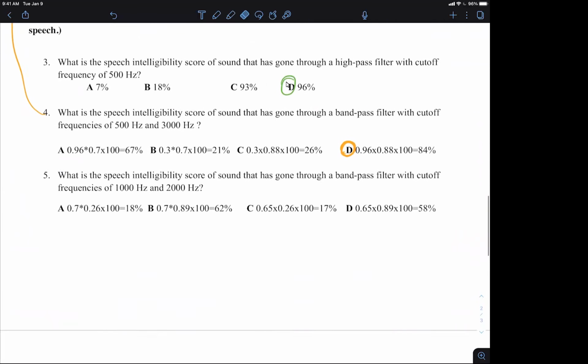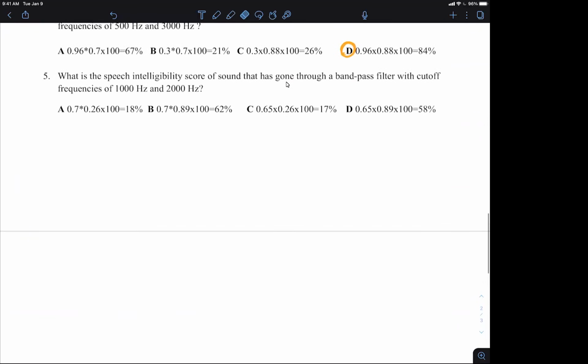Okay, so we're going to do the same thing again here on number 5. The band pass filter itself, as a function of frequency and the response, or what it multiplies the signal by. And we have 2 frequencies here.